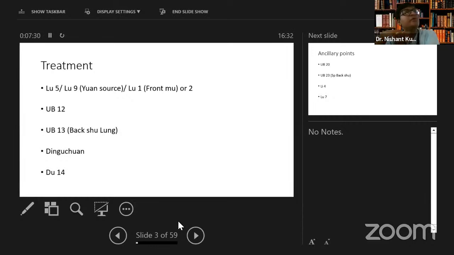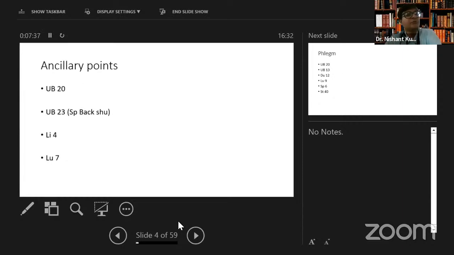So if you're using back points, you can use the back points and you can use lung points anteriorly as well. Ancillary points which can be used are UB20 and UB23, which is the back-shu point for spleen. As I said, according to TCM, it's a multi-organ disease, right? So if you want to treat the spleen, use UB23, and Li4 and lung 7 can also be used.